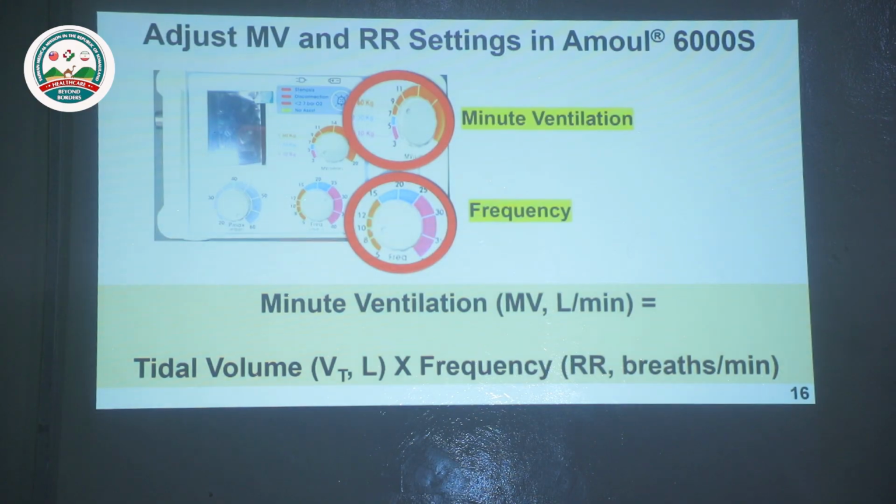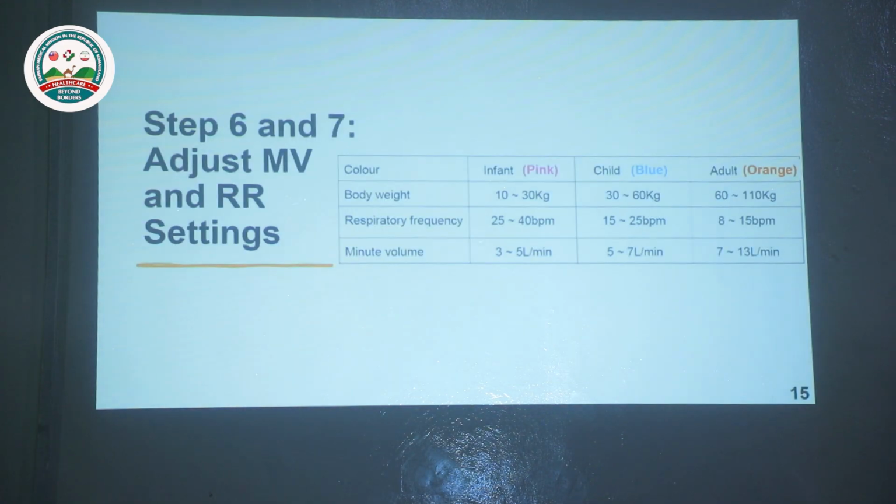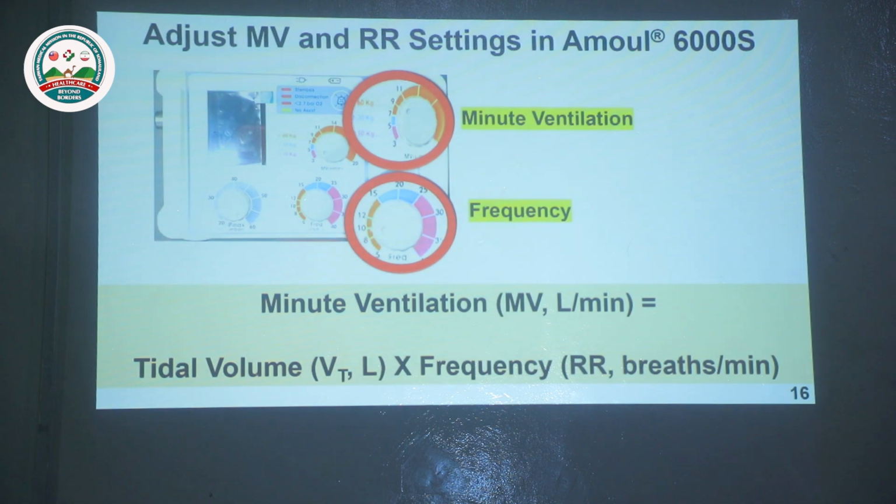So for us, we don't just look at the scale to do the adjustment. Sometimes we do the calculation, okay? But if you feel that the following part is too difficult for you, you can just use the scale to adjust the setting.